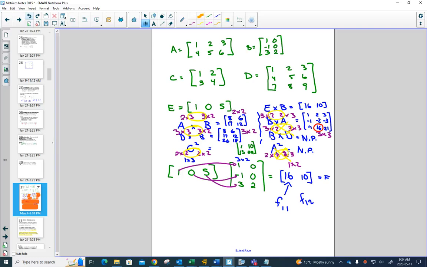So I would take row 3 from B, column 2 from A. 3 times 2 is 6. 2 times 5 is 10. Add them together and get 16. So matrix multiplication is a combination of multiplying and adding.